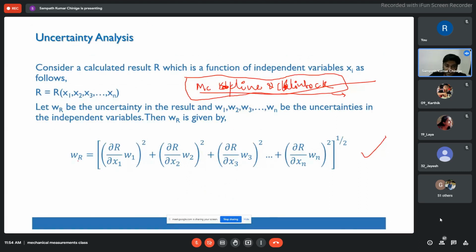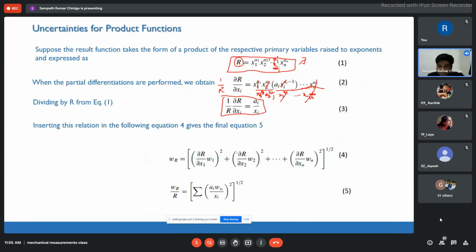Now if I substitute this value in the expression, what does it show? ωR is equivalent to the square root of (∂R/∂X1 into ω1) whole square, and so on. I know that (1/R) ∂R/∂Xi is ai by Xi.